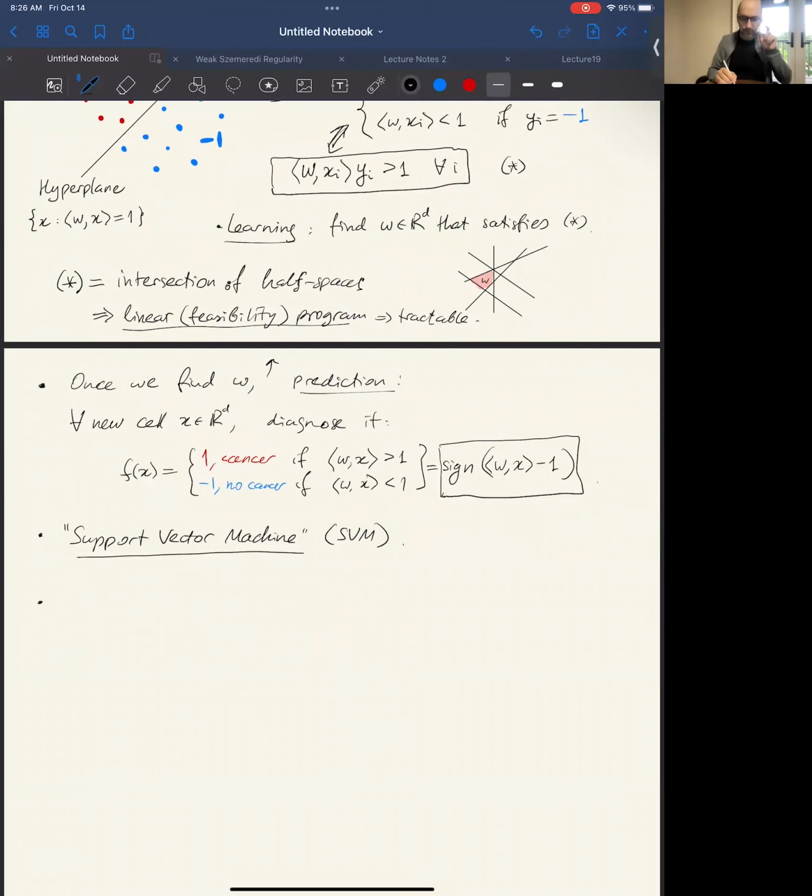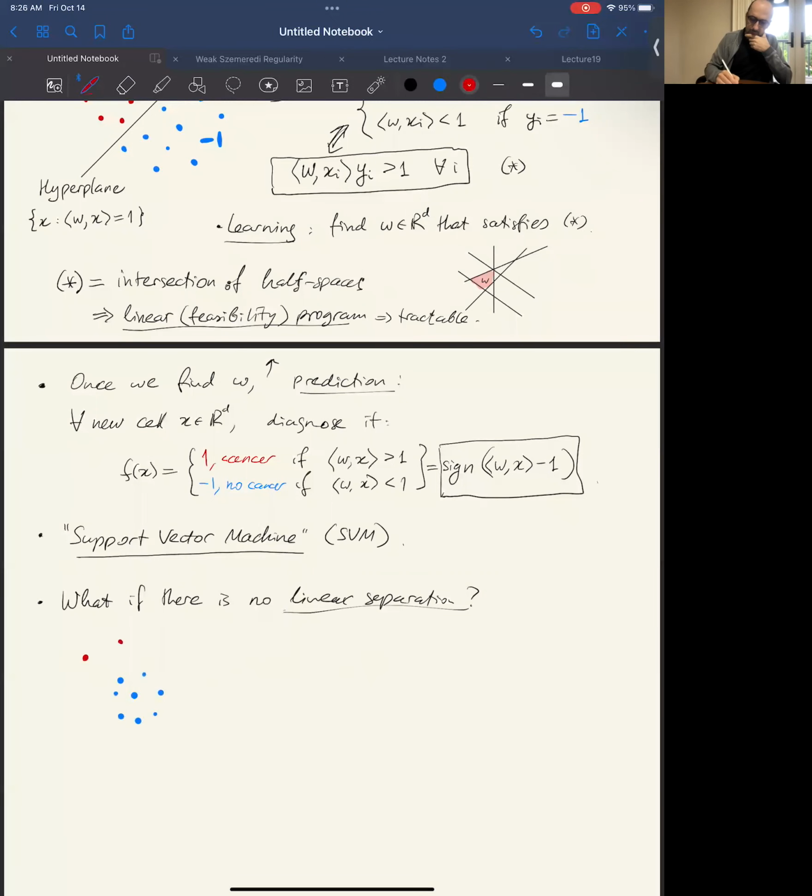So first, what if there is no linear separation? What if the data, for example, are like this? Let's say like this. There are no cancerous cells, no cancer.